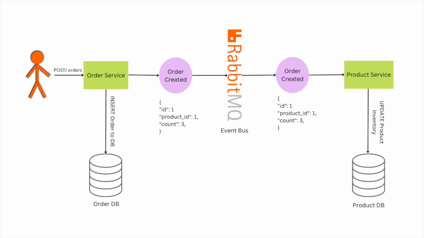This picture shows us how order service and product service will communicate together. These services will communicate together by dispatching and consuming events.